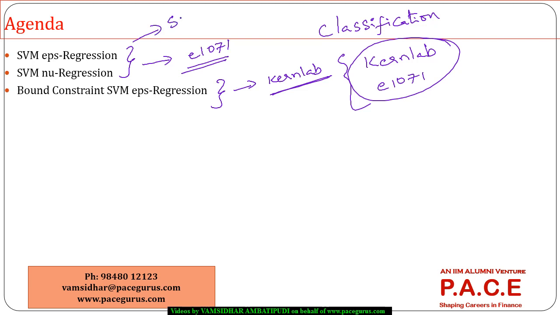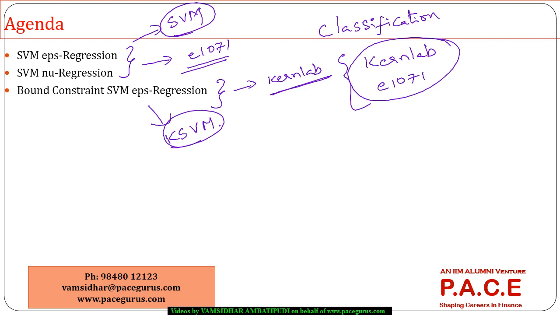So I would be using these two packages with the same set of functions. For these two we are using the function SVM, which we have used for classification purposes as well, and here we are going to use KSVM again, which we have used during the classification purpose. So I really don't need to go into detail and explain each of these functions, because we have already discussed them in detail in our session on classification.